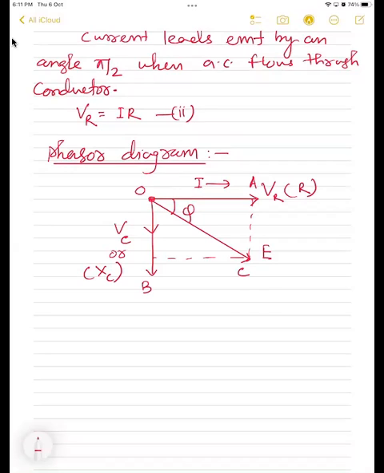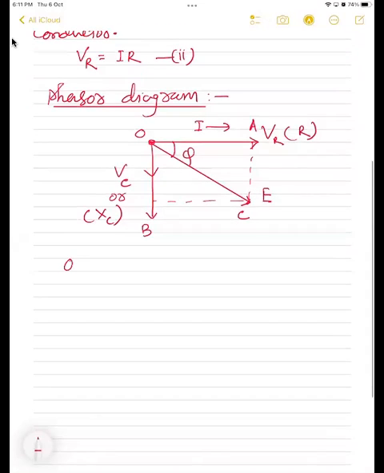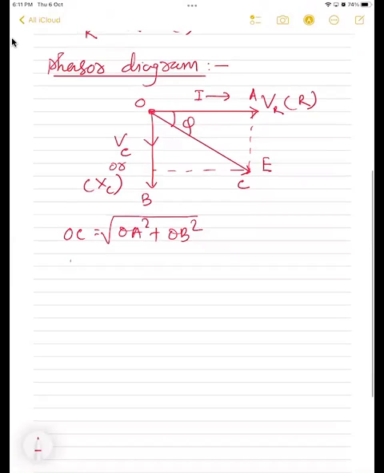If we find OC, then OC is the square root of OA square plus OB square. That is E equals the square root of VR square plus VC square.